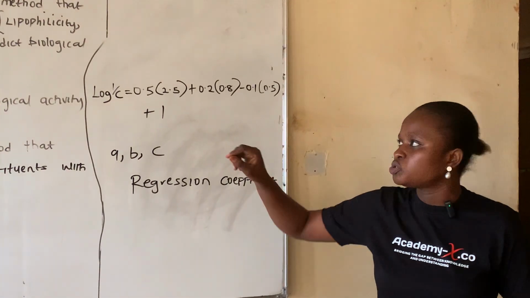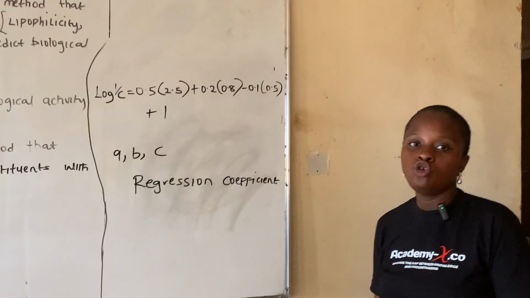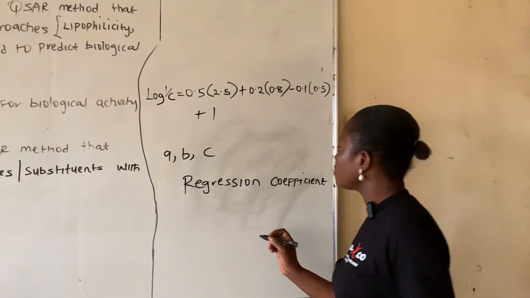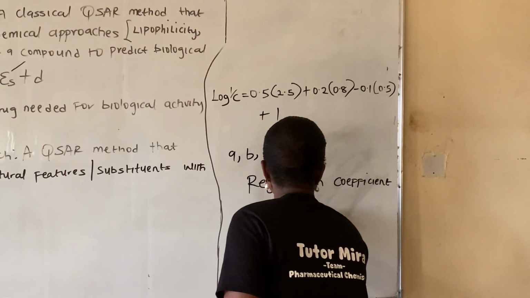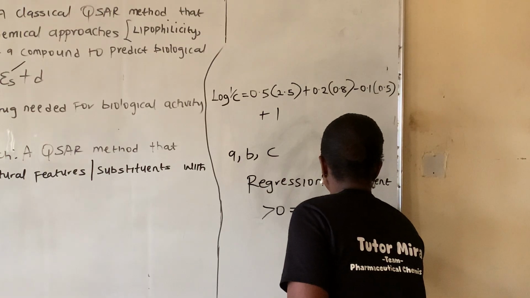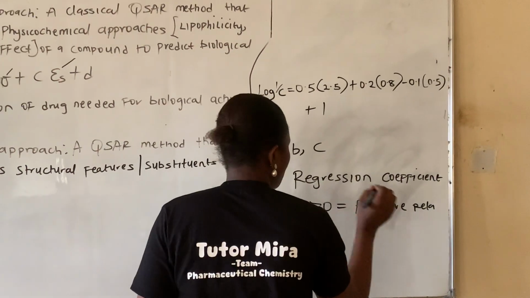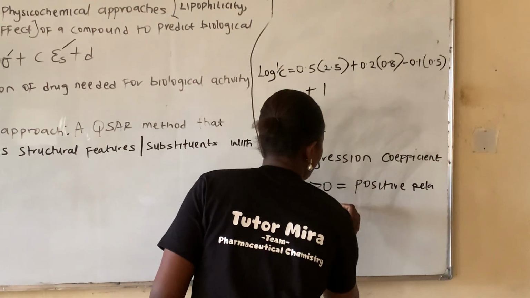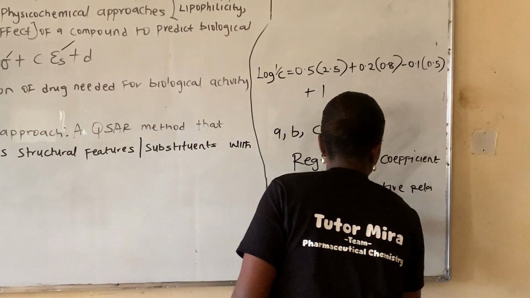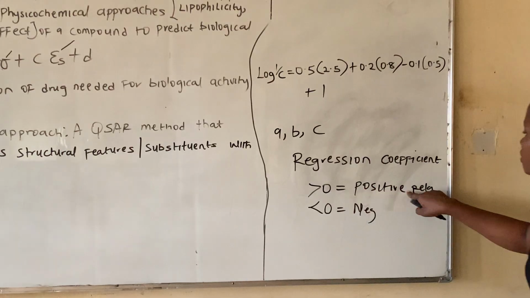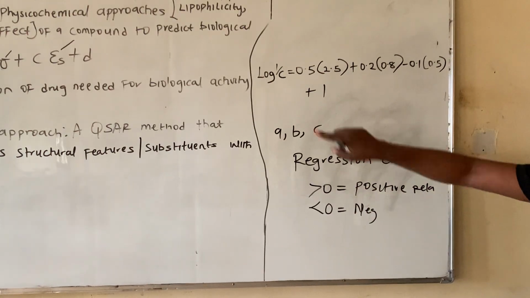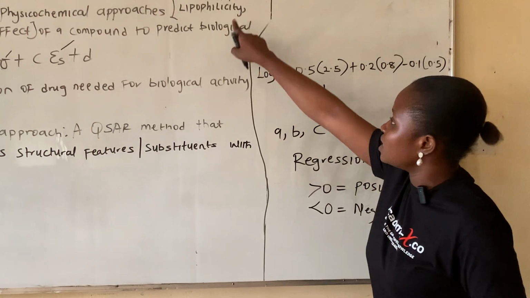And when I introduced this topic, I said that when your regression coefficient is greater than 0, it means that there is a positive relationship. When your regression coefficient is less than 0, it means that there is a negative relationship. And when you talk of positive relationship, let me use lipophilicity as an example.